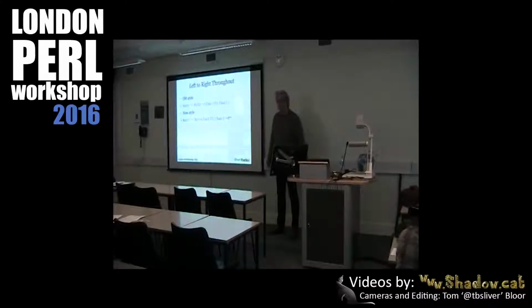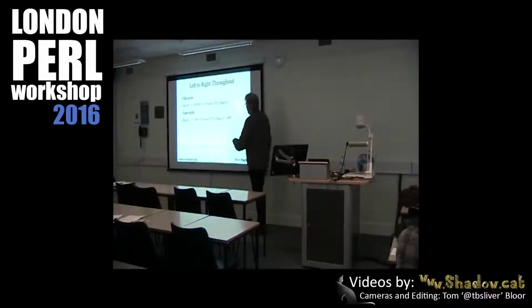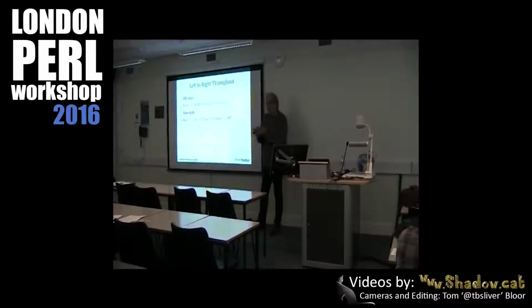Can I still put the arrow in between the 4 and the 0 in the new style? The new style, yes. When you're dereferencing multi-level data structures, when there's an array index bracket next to a hash index bracket, the only way that makes any kind of sense to Perl is if you're doing multi-level dereferencing.